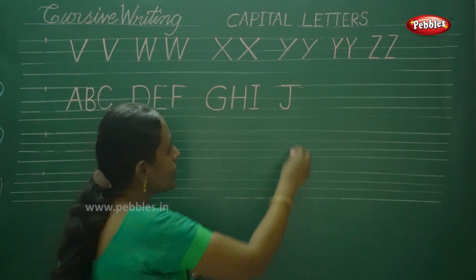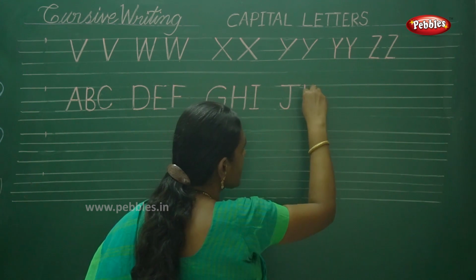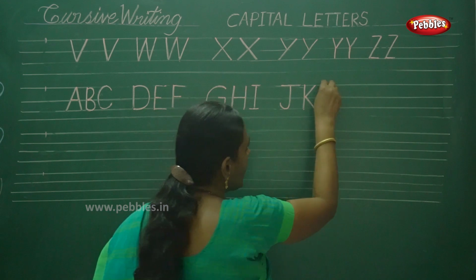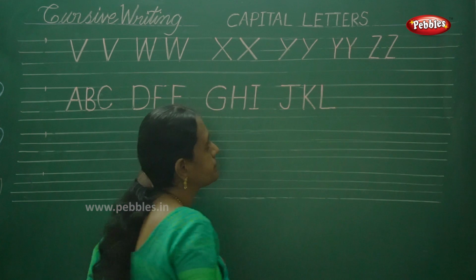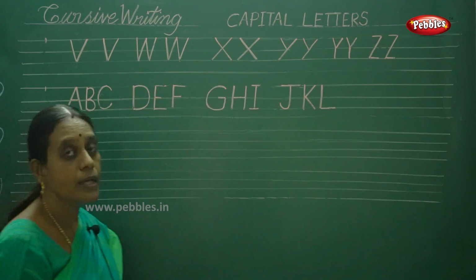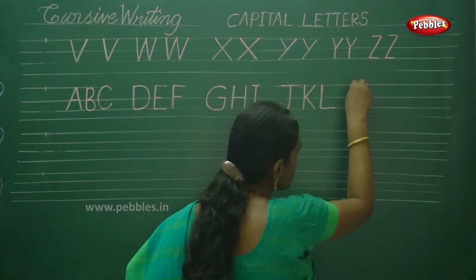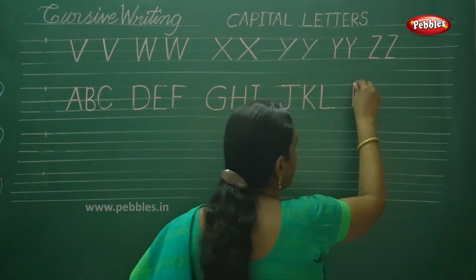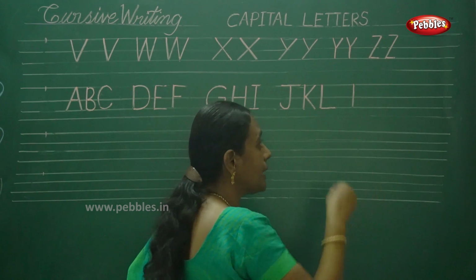Okay, next one is K: a straight line and two slanting lines, K. Followed by L: a straight line and a steeping line. Okay children, next M. Observe here, while you are writing the alphabet M, you take off your hand after each stroke.